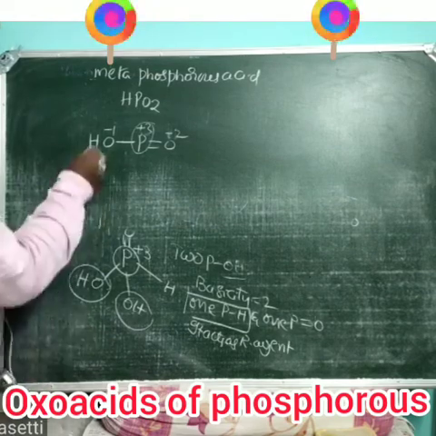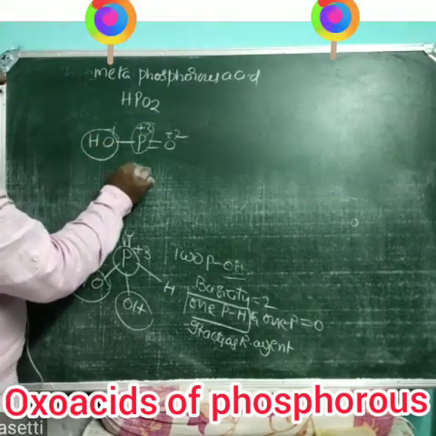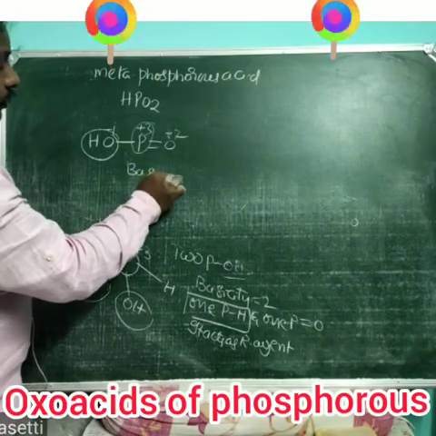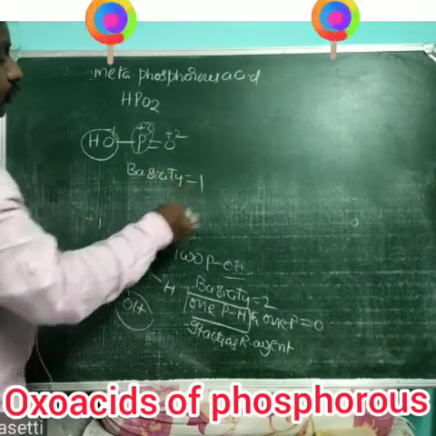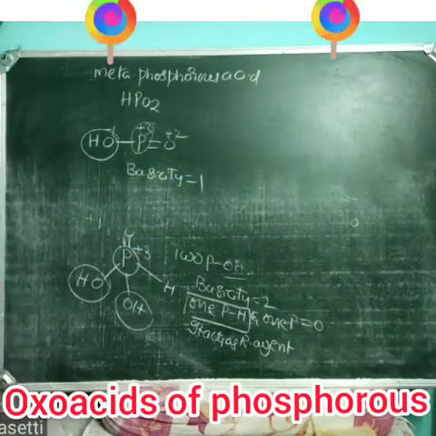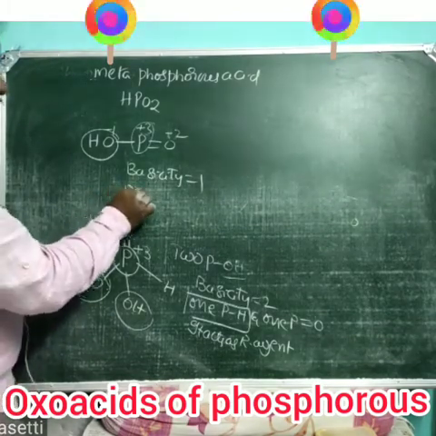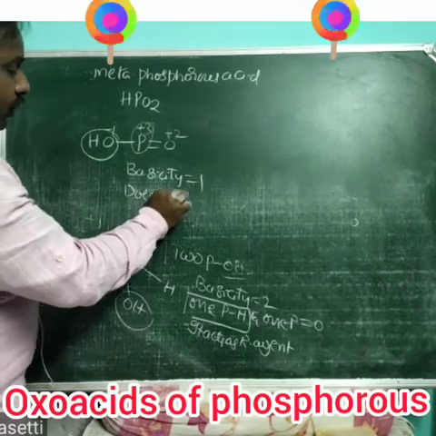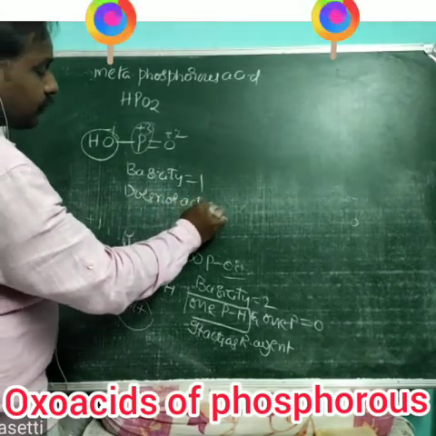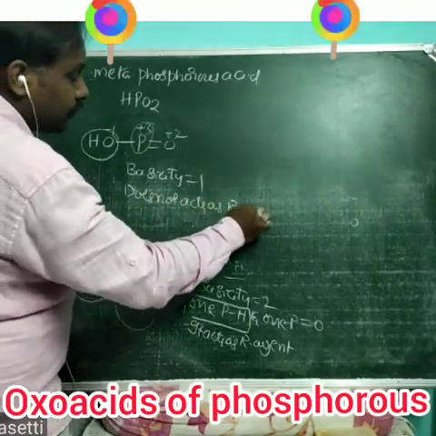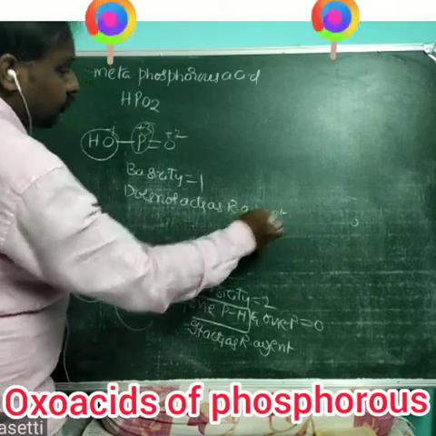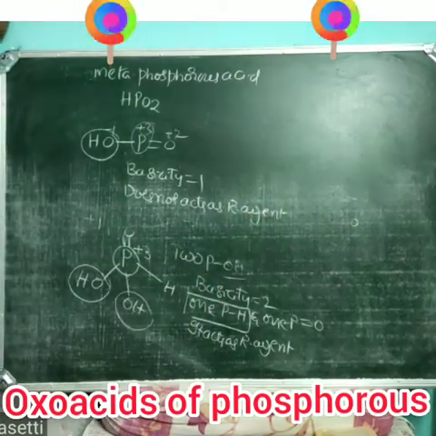In this case, one OH is there, so basicity is 1. Next, it does not act as a reducing agent.